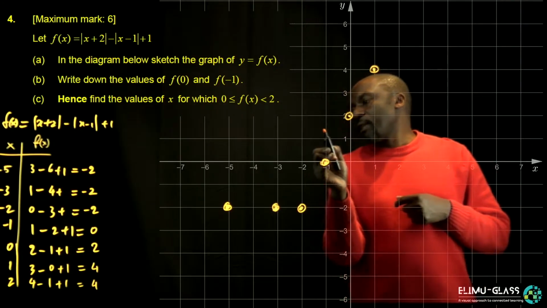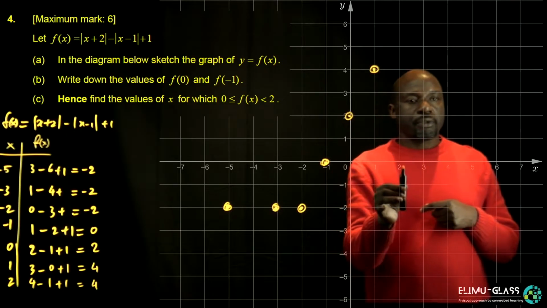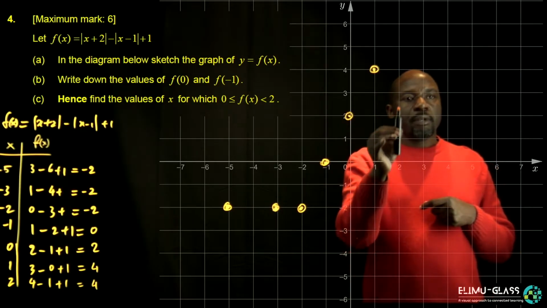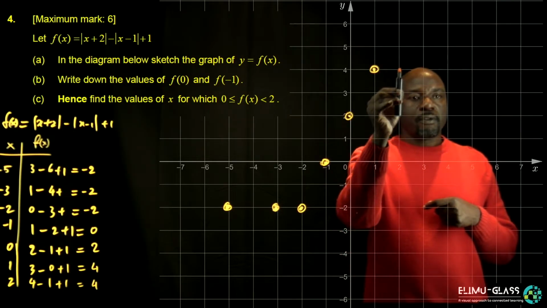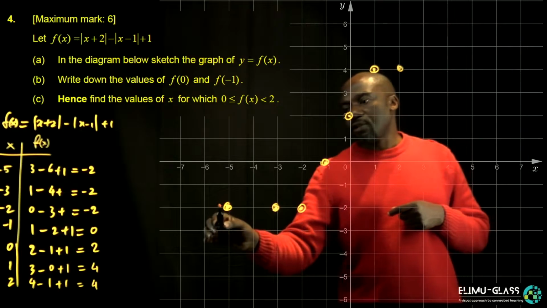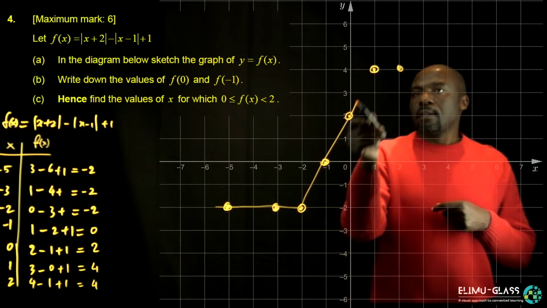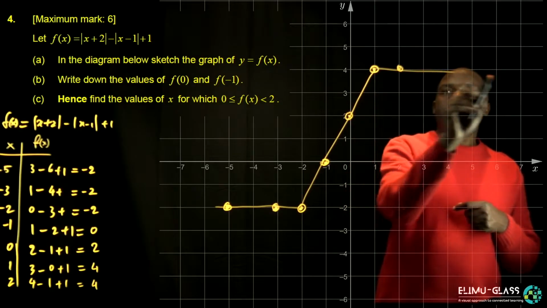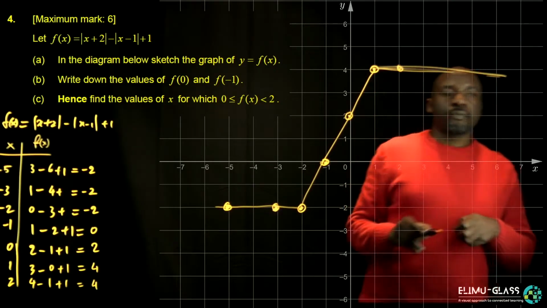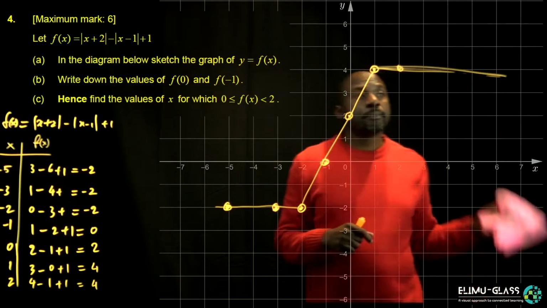After that it stays at 4, so at 2 it's also 4. When you draw this graph, you can see we end up with a straight line like this, then it continues as a straight line this way. Okay, that doesn't look nice.